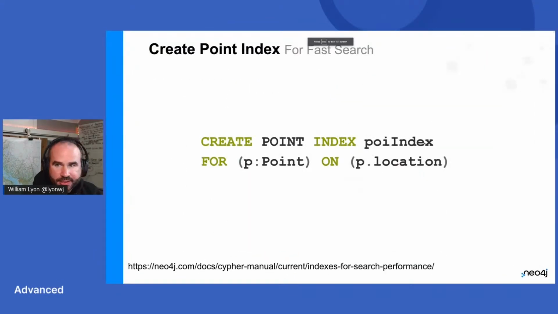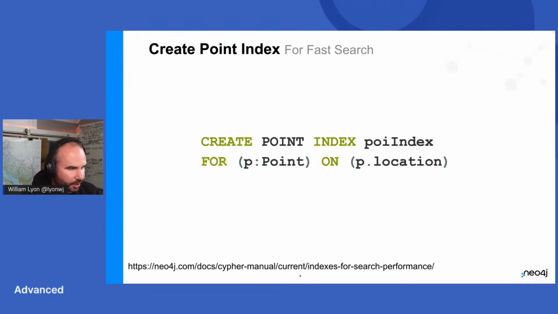Okay, so the next thing we did once we've loaded this data is to create a point index. Earlier today, Stu was talking about the new indexing functionality in Neo4j 5. The create point index is new syntax and new functionality for new indexes that are available in Neo4j 5. The point index is one of those. Specifically, it uses a Hilbert space filling curve over a generalized B+ tree.